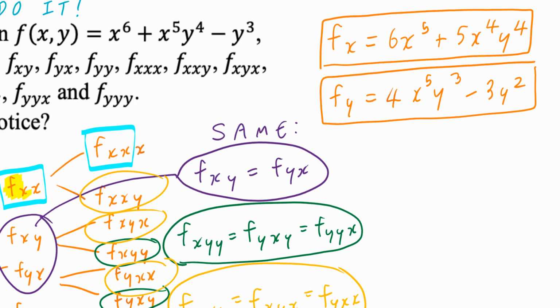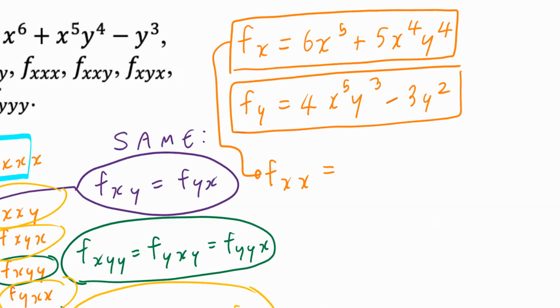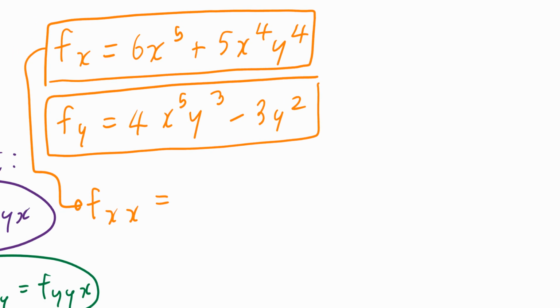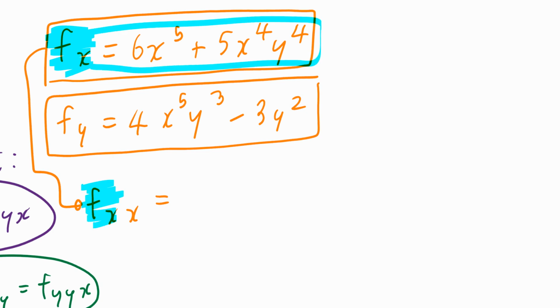Let's keep going. fxx. Again, this means I look at this first case and I take the derivative with respect to x. So one more time, just in case, right? No one's left behind here. fxx means I take fx, this entire expression, and I take the derivative with respect to x.